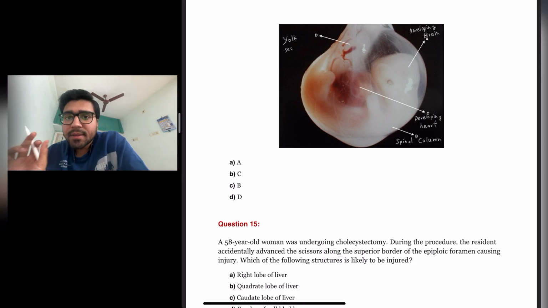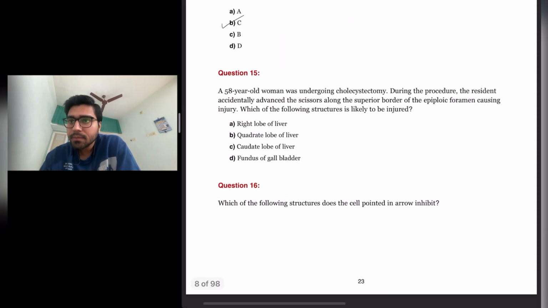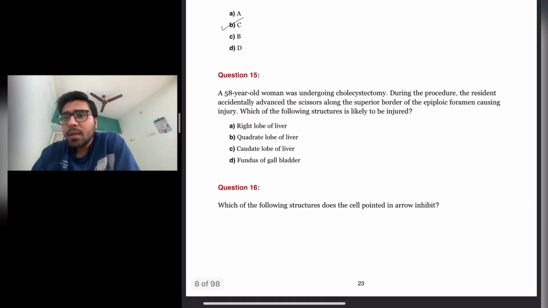So the answer here is actually C, because C is actually the heart bulge which develops the heart in the fetus. Question number 15. A 58-year-old woman was undergoing cholecystectomy.